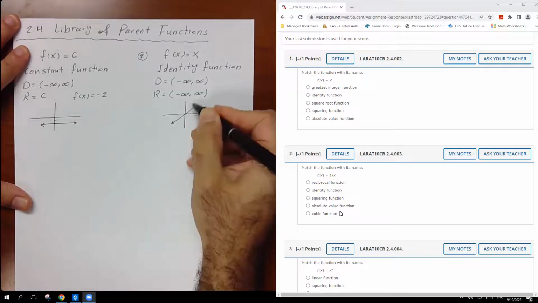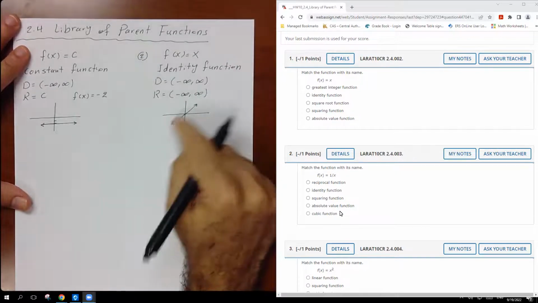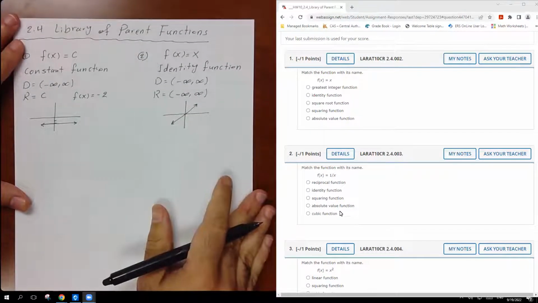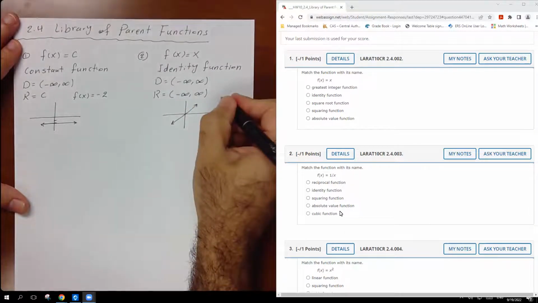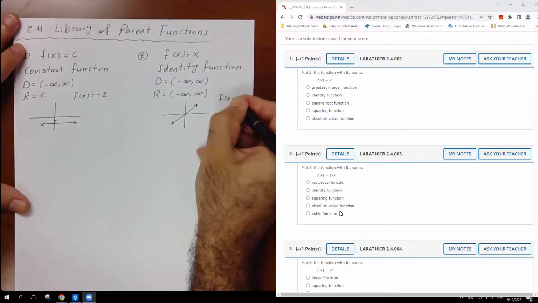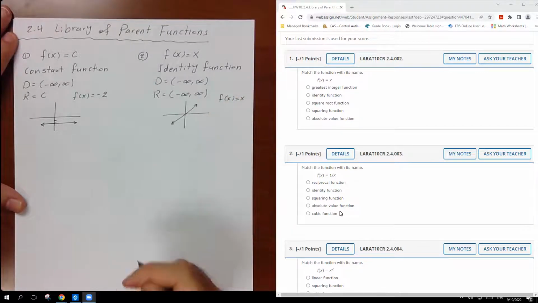Or here, it doesn't matter. The main thing is it's going to be like this line. So this is the second one. This is identity function. Like for example, you're just gonna graph f of x equal x because this is a function. It's going to be like this.